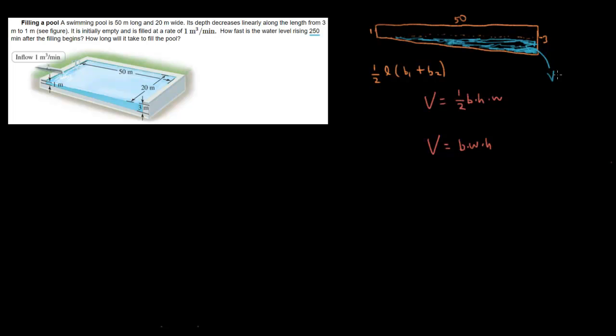So if we filled that triangular area and then made it into a 3D volume, it would be V equals what? That's 1/2 base times height. The base would be 3. The height of that triangle is 50. And the pool from our picture is 20 meters wide. So times 20. So what does that equal? 1/2 times 3 times 50 times 20.